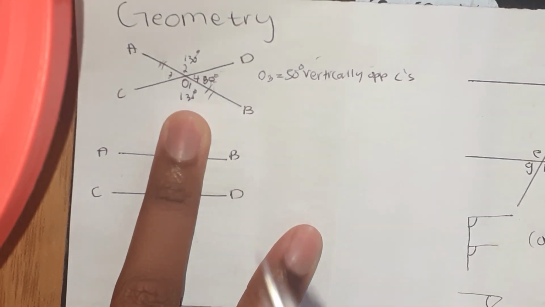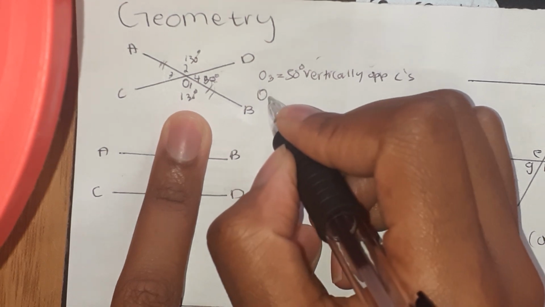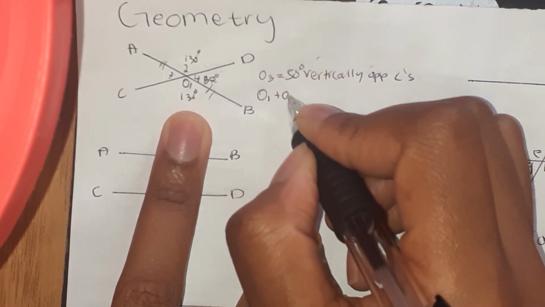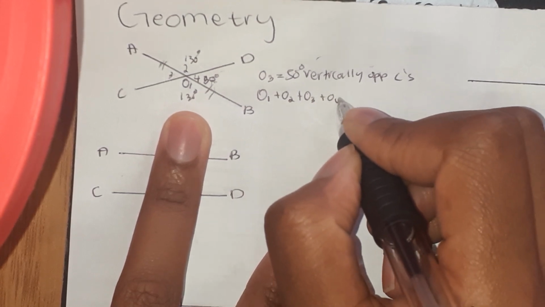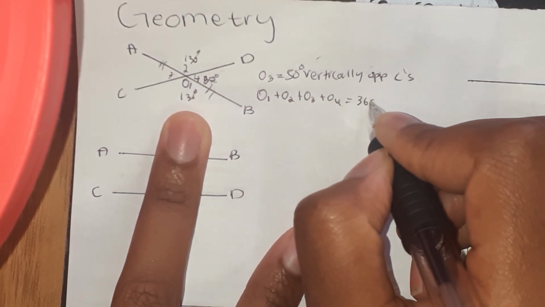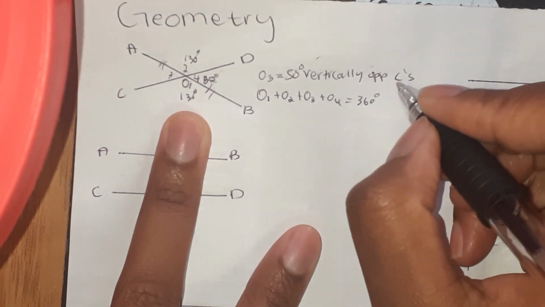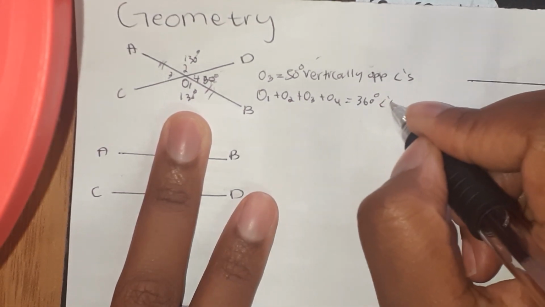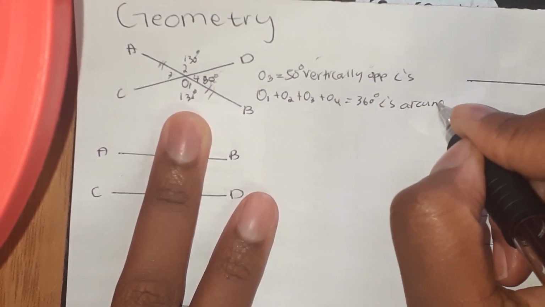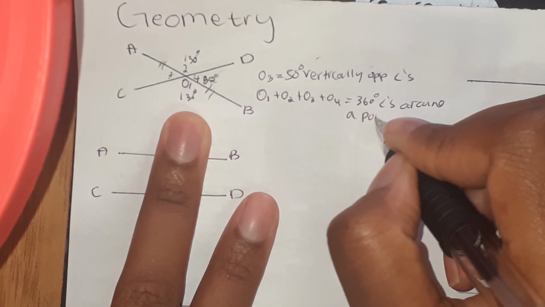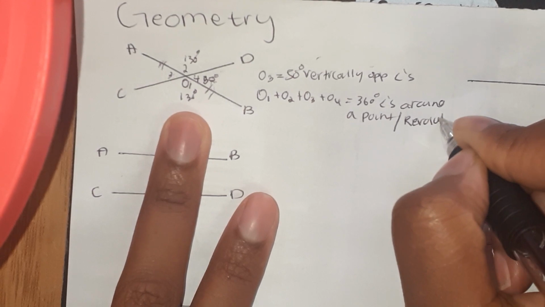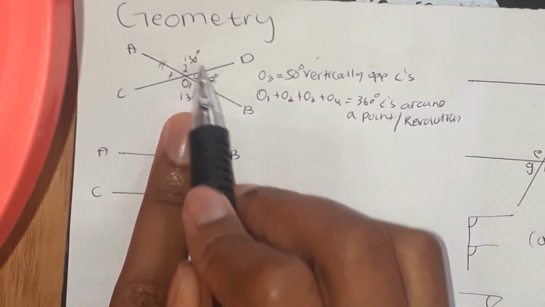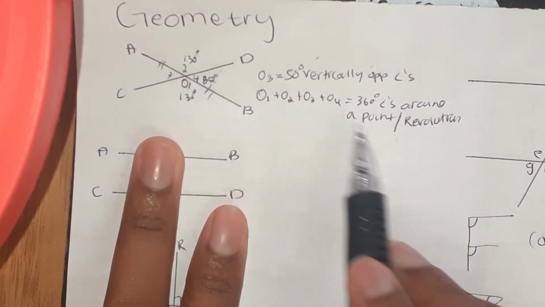And then after, you will say O1 plus O2 plus O3 plus O4 equals 360 degrees. And what is that? It is angles around a point, or you say revolution. It's a circle, right?